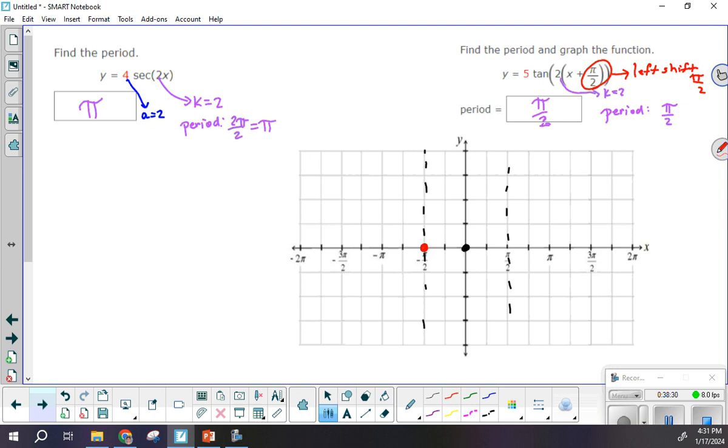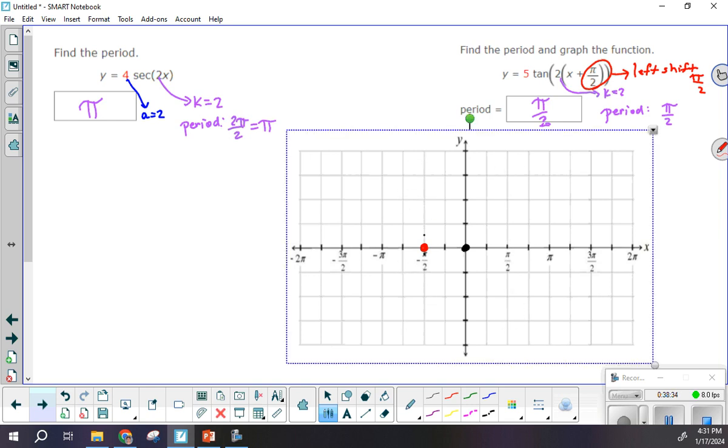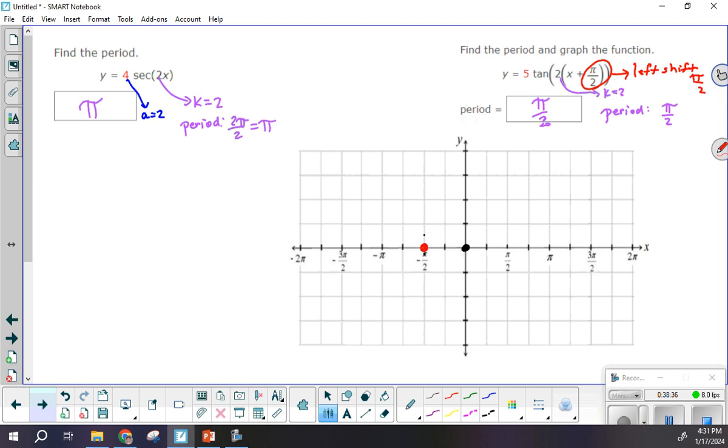And with the period of pi over 2, that means I've got to have like pi over 4 on one side, pi over 4 on the other. Okay, I've got to do half the period on the right, half the period on the left.